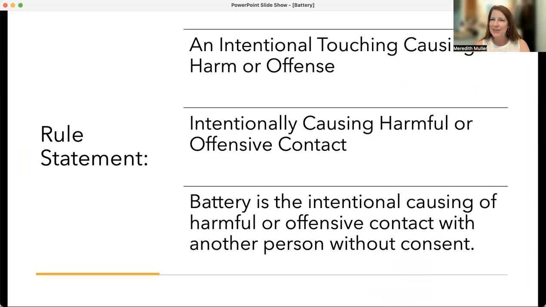The without consent part to me is a defense, so I don't include it in my prima facie case. I think it's enough to show an intentional touching that causes harm or offense. But my point is that how you say your rule is not as important as whether you have all of your elements in it. So whenever you're addressing battery, mention all of the elements and always consider defenses. Without consent is the defense here.